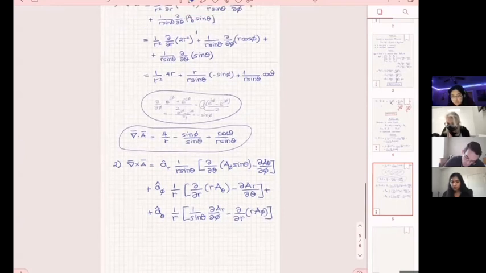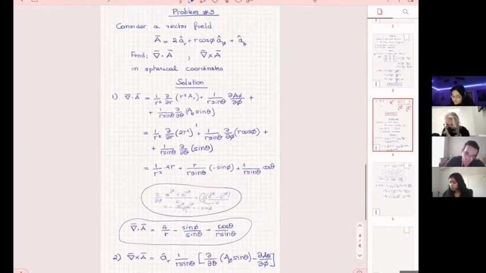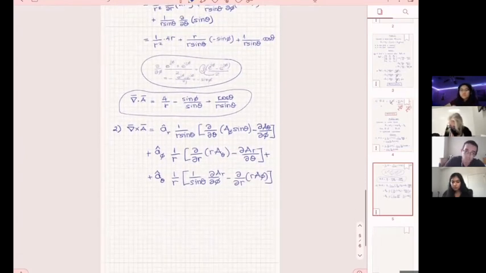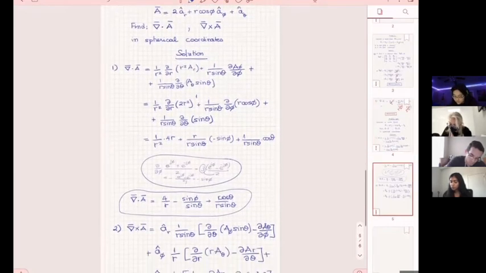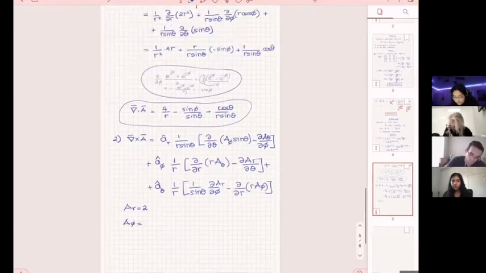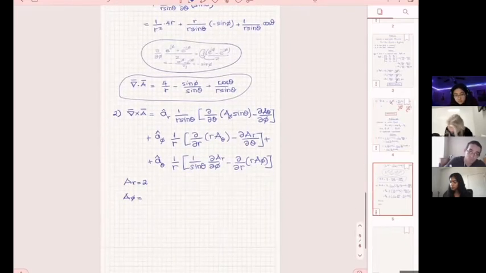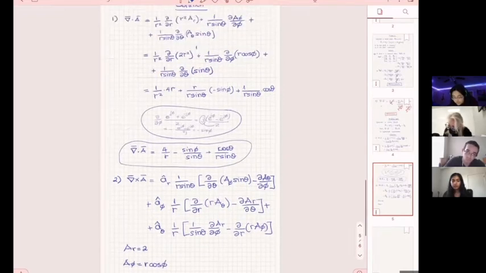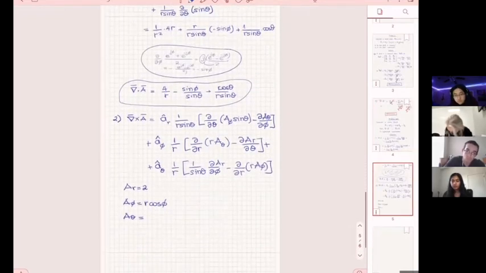Now, let's see what we have. Let's write it here. A sub r equals 0, A sub phi equals, what did we say? r cosine phi. And A sub theta equals 1.